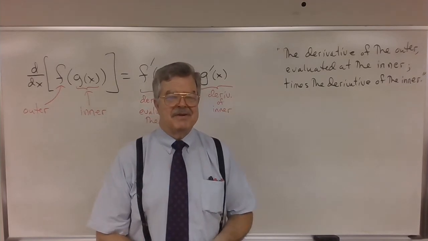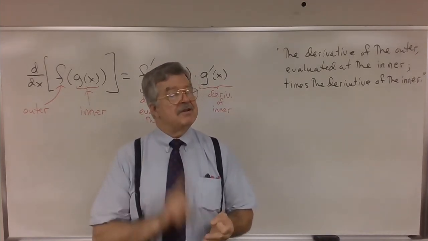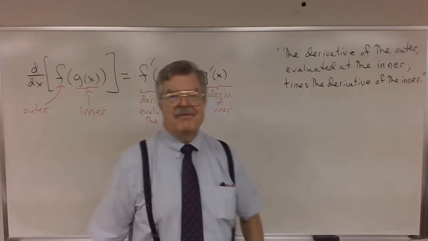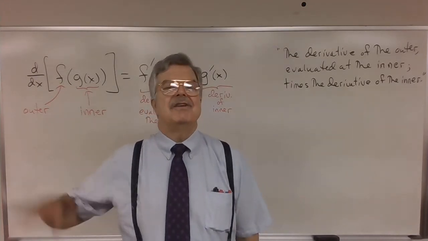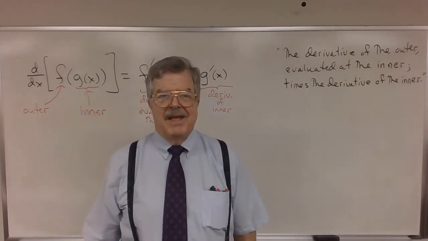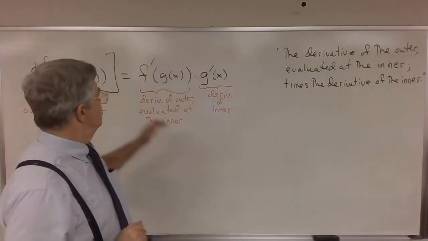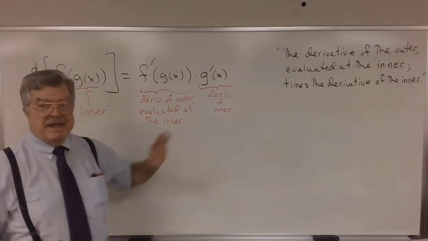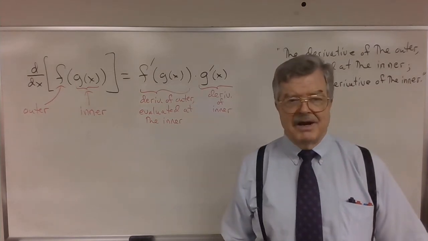The derivative of the outer evaluated at the inner times the derivative of the inner. Now, if we say that several times a day for the next 3 or 4 days, we'll know it for life. And if we know that expression, then we can map out the chain rule and make a template for ourselves, just like we've been doing with the quotient and product rules.